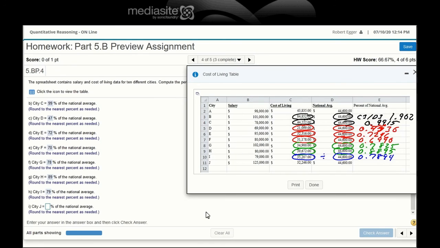Last one is J. So it's cost of living divided by the national average.